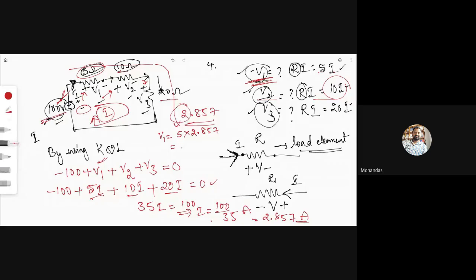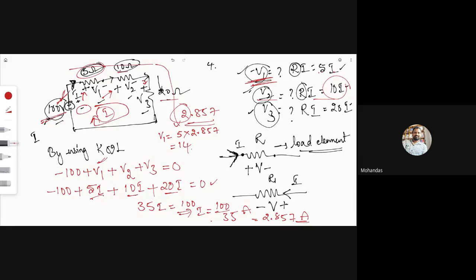Which is equal to how much? 14.285 volts.